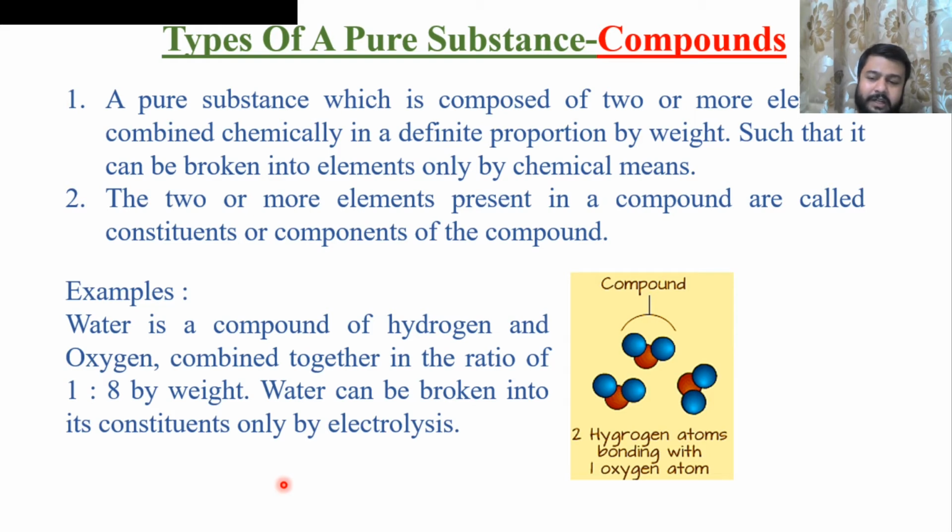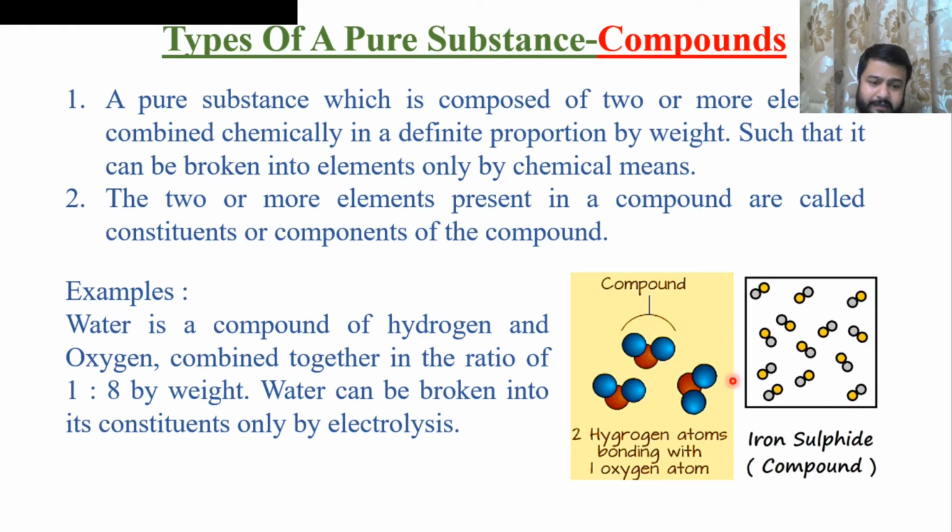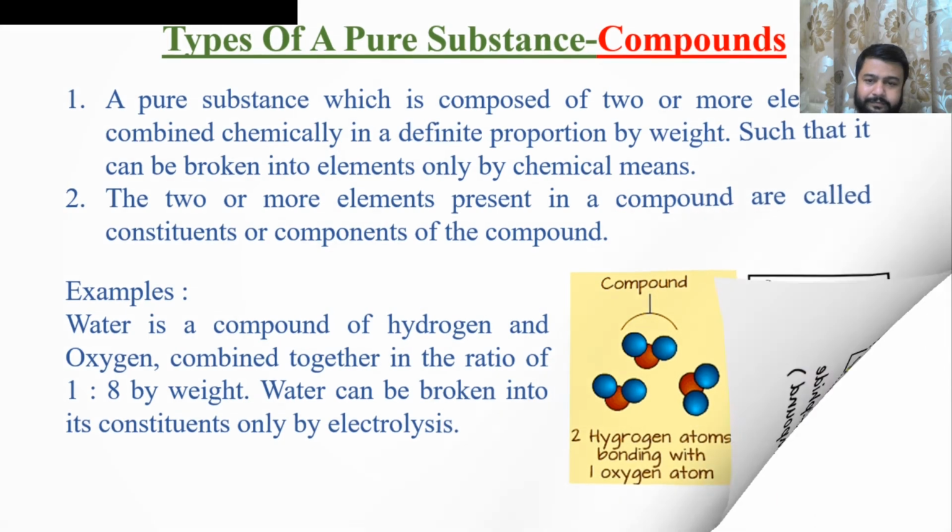We cannot cut the water, we cannot cut apart the hydrogen part and the oxygen part. हाइड्रोजन और ऑक्सीजन पार्ट को हम लोग ऐसा नहीं है कि सीजर लिया उसको अलग अलग कर दिया. देयर इज नो ऑप्शन टू डू लाइक दैट. Only with the help of electrolysis we can dissociate this combination. You can clearly see two hydrogen combined with one oxygen atom. Like in iron sulfide also, this is iron and sulfur combined together.